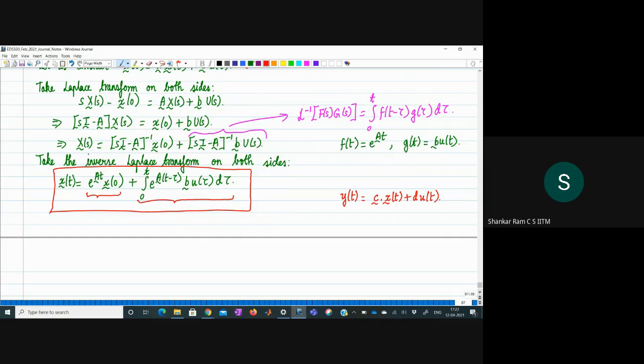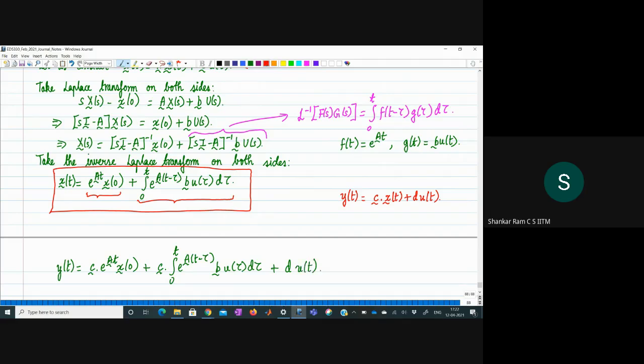If we substitute for x of t, the output is going to be c dot e power at x0, that is one term, plus c dot integral 0 to t e power a t minus tau b u tau d tau, that is the next term, plus d times u of t.